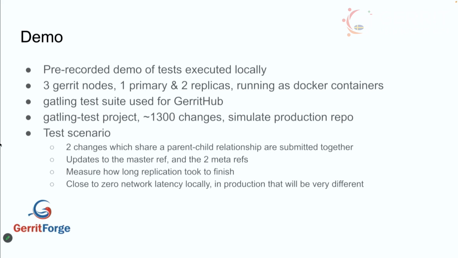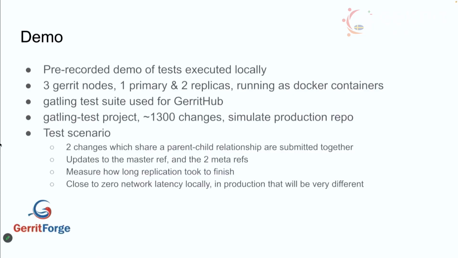Okay, so before I move into the demo, I need to tell you a few things about it. The first one is, as I said, it's pre-recorded. It's based on tests that I executed locally. On my setup, I had 3 Gerrit nodes running as Docker containers in a primary replica setup.